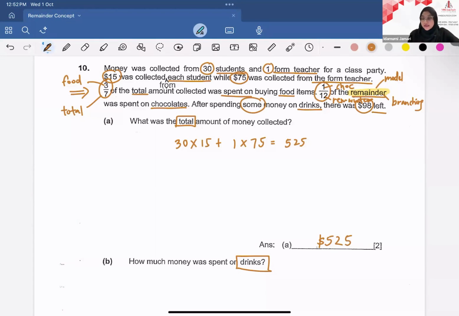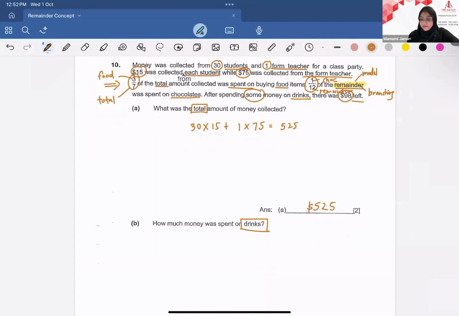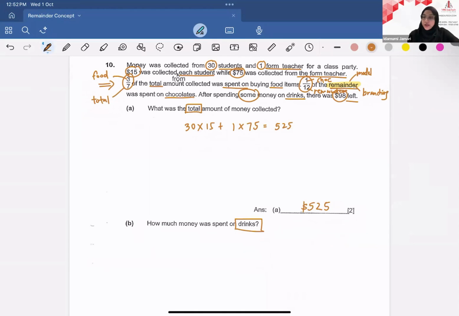So now, let's solve part B using model method. We know that altogether there are 7 units, so I'm going to draw 7 units to represent the total amount of money collected. 1, 2, 3, 4, 5, 6, 7. And the first 3 units, 1, 2, 3, I'm going to label as food.